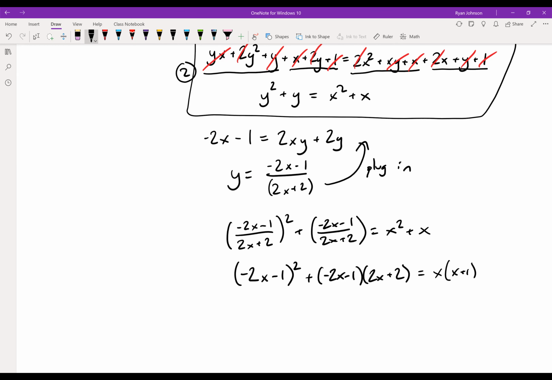That's me factoring there, because 2x plus 2 squared is really 4 times x plus 1 squared, and this is really x times x plus 1. So I'm going to get 4x times x plus 1 cubed.